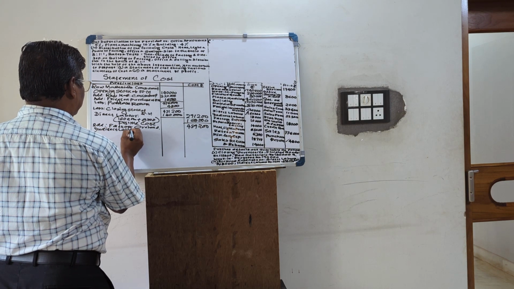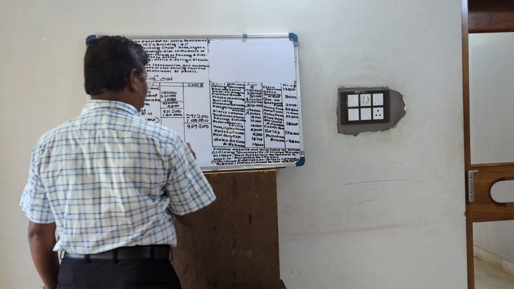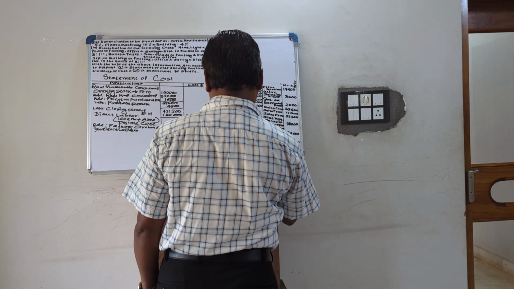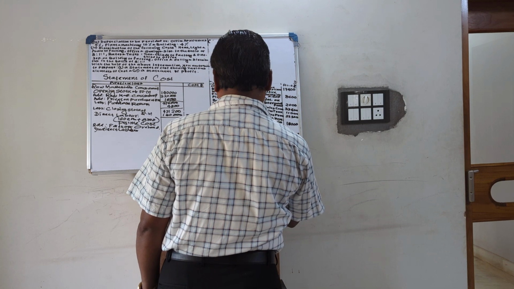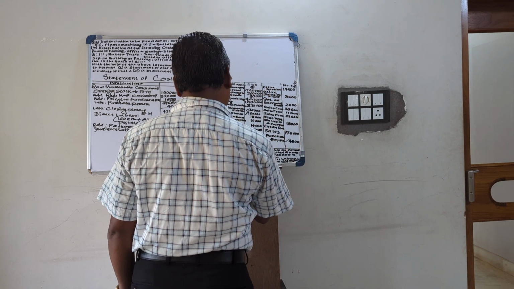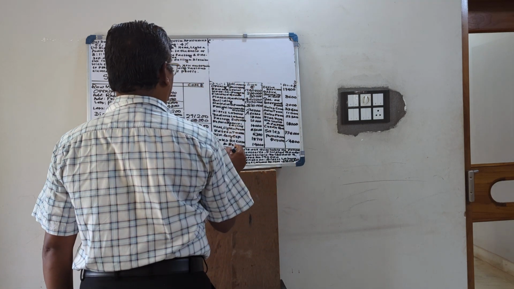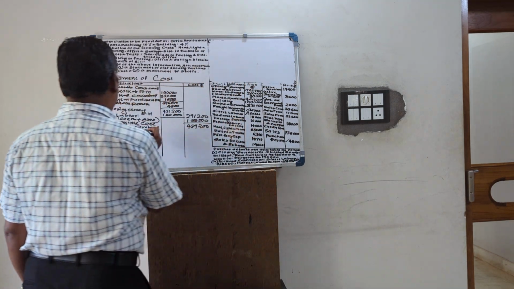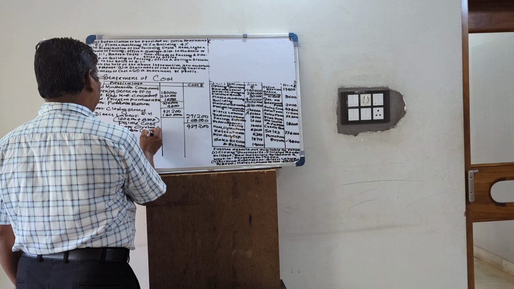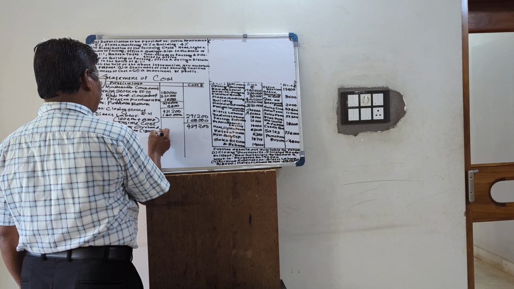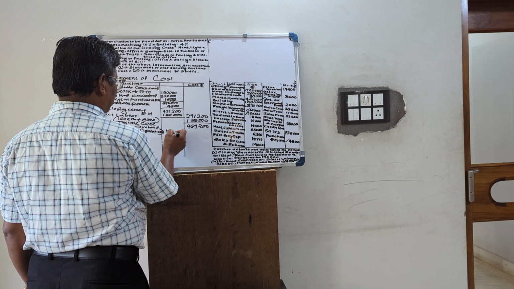On indirect labor, some accrued expenses of indirect labor is given, that is also 1,200. So 1,200 will be added with 18,000. 18,000 plus 1,200, 19,200.